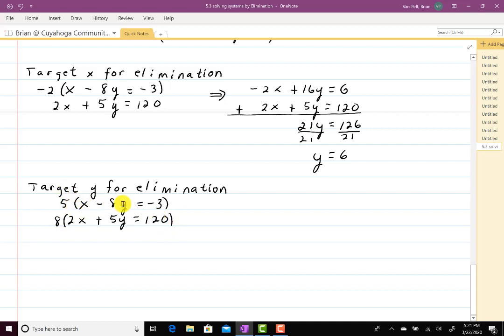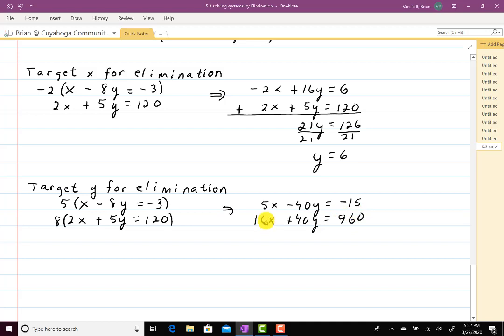This 5 times -8y will give me -40y. 8 times +5y will give me +40y, so the y's will get eliminated when I add them. First equation is 5x minus 40y equals -15. And then I have 16x plus 40y equals 8 times 120 is 960.